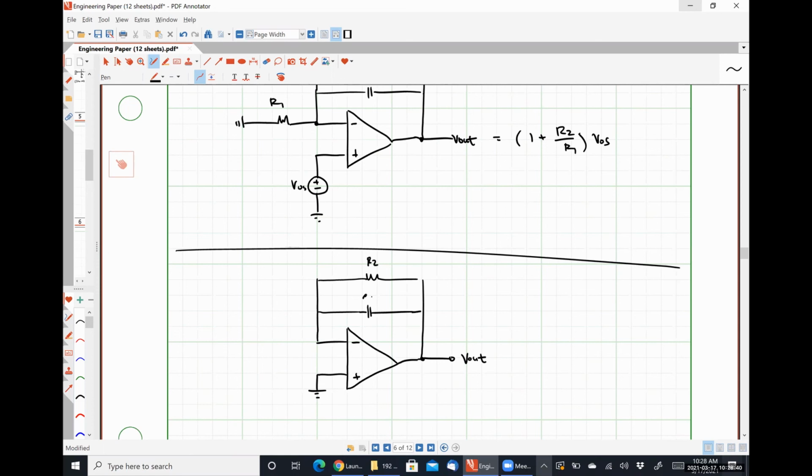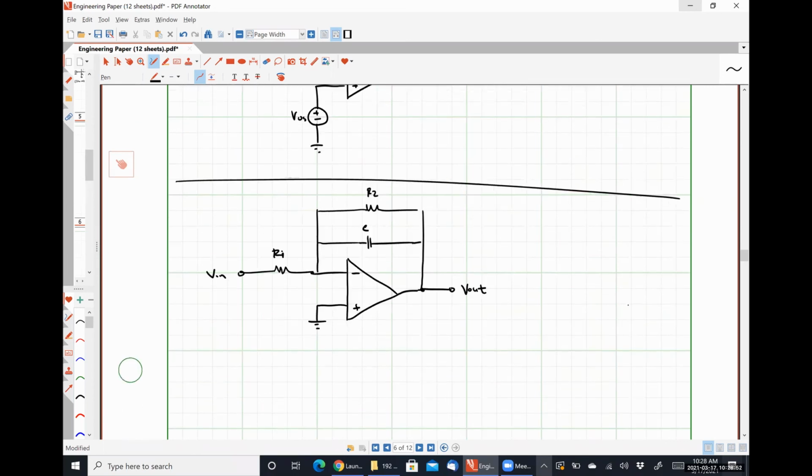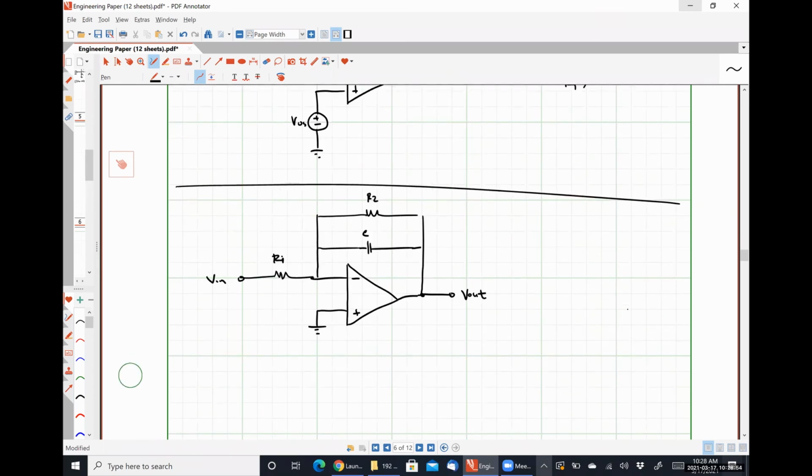Here's our capacitor C, R1, and here is our input voltage Vin. Again, I can say that Vout divided by Vin, or our transfer function, should be something.